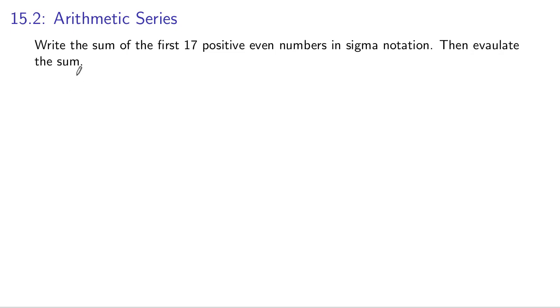Okay, this is going to be helpful to think about writing this out. Positive means not 0, so the even numbers are 2, 4, 6, 8, 10, and so on, all the way to the first 17 positive even numbers. So this is the first, second, third, fourth, fifth. So 20 would be the 10th, and 30 would be the 15th.